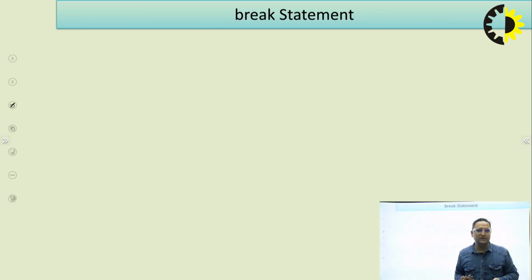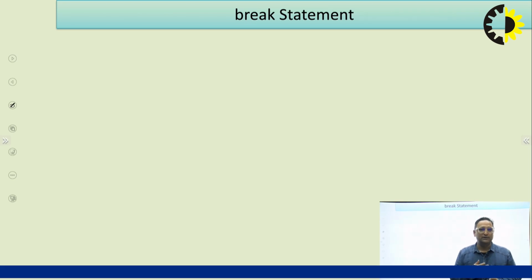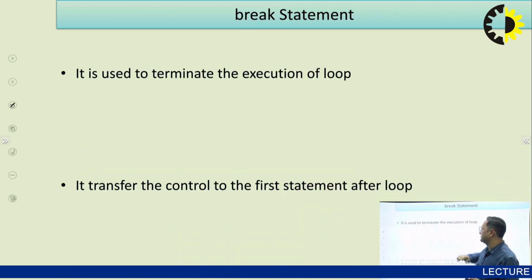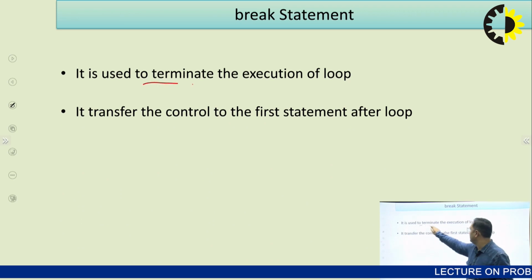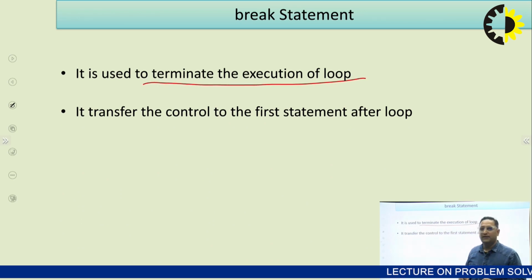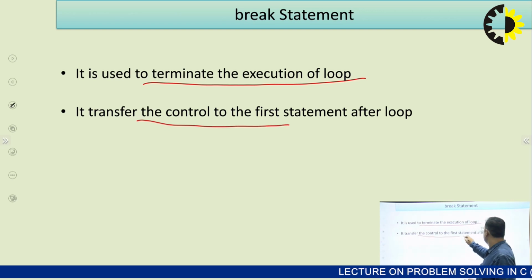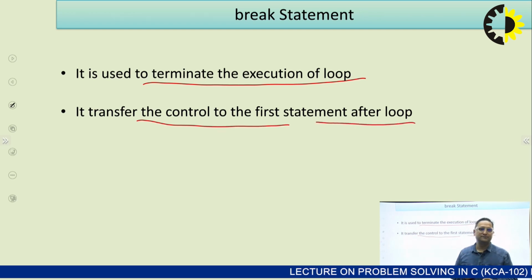You are continuously doing it, and in between you are checking whether you have reached a certain point or not, and you want to break out of the loop. There you use the break statement, right? It is used to terminate the execution of the loop, and it transfers the control to the first statement after the loop.